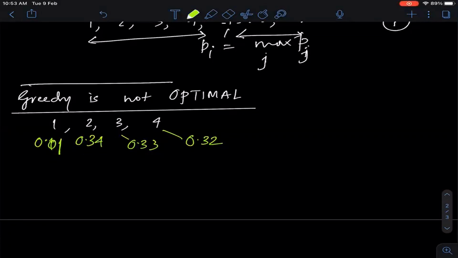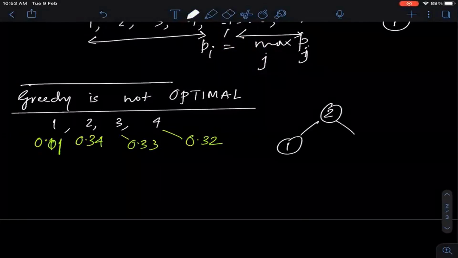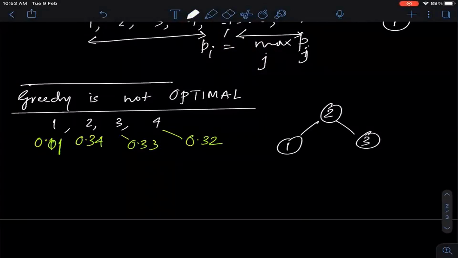I'm not going to spell out the trees and all that. That's a nice little exercise for you. What greedy will do is very obvious. It will put 2 at the top because it has the highest frequency. Then it will put 1 here. Then it will take node 3 as the next root on the right subtree because that has the highest frequency among 0.33 and 0.32.